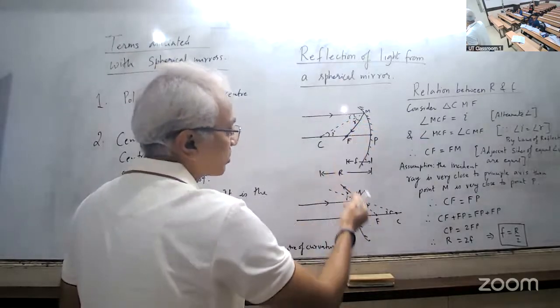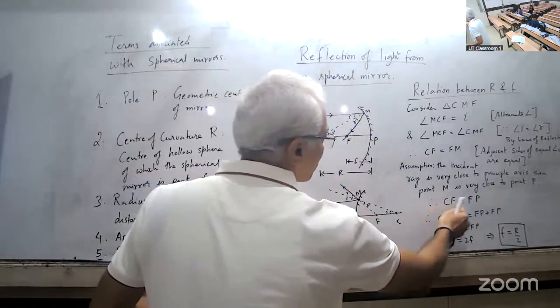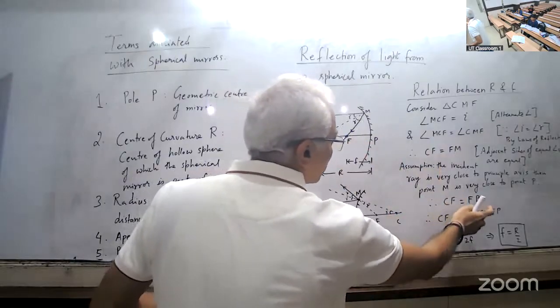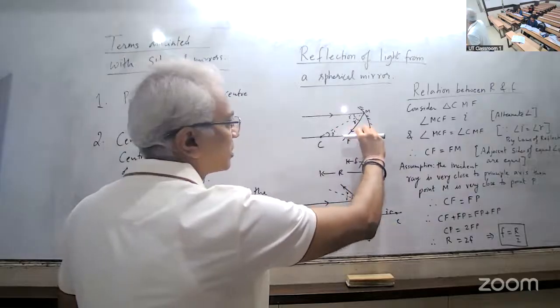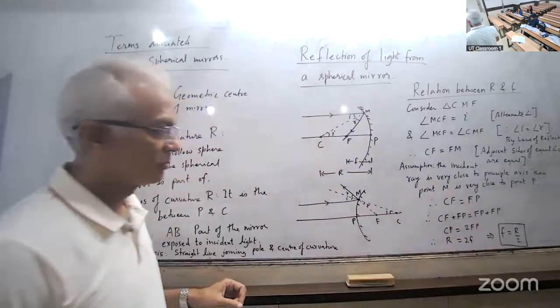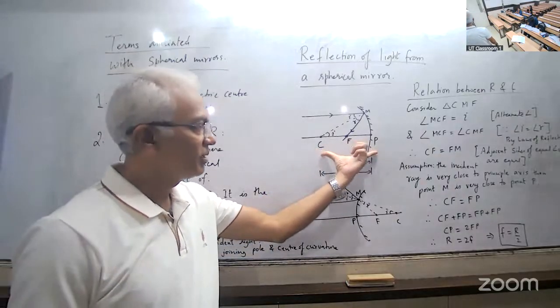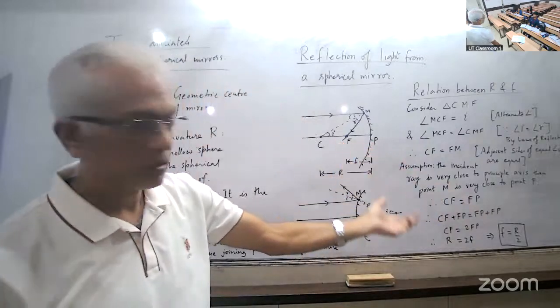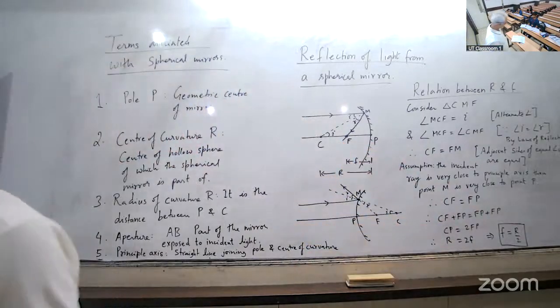So what do we get? CF is equal to FM, which becomes CF is equal to FP. And therefore this and this are equal. So we added FP to both sides. CF plus FP is CP, which is R. And 2 FP is this. That's how it is. So it's not difficult.